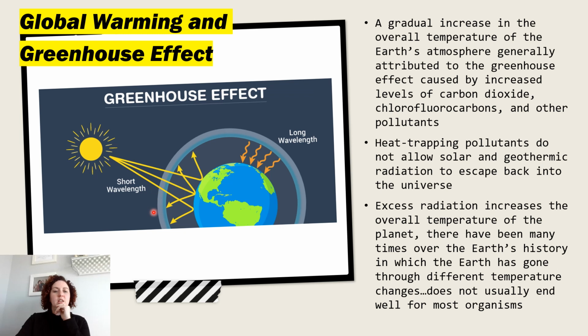This is essentially the ozone layer, or any layer of our atmosphere, whose main responsibility is, when these rays come in, it keeps what it needs in but lets what it doesn't need out, keeping us at a steady temperature. Well, when we add more and more greenhouse gases into this layer, it's essentially allowing all these rays in but not letting them out, so they end up bouncing around the entire world.